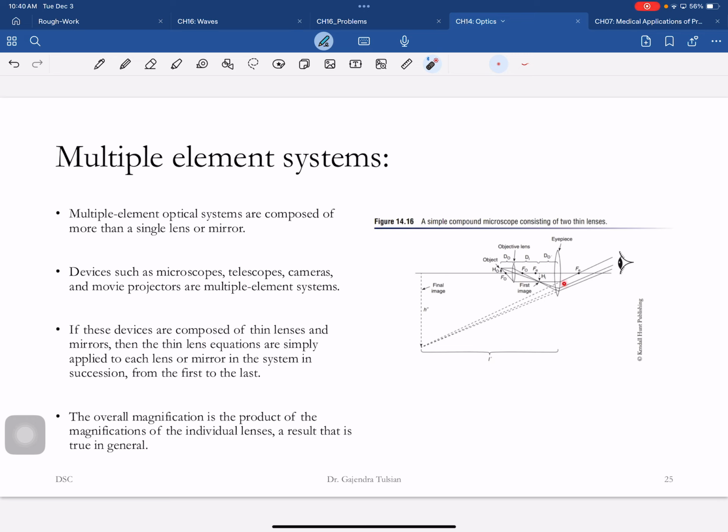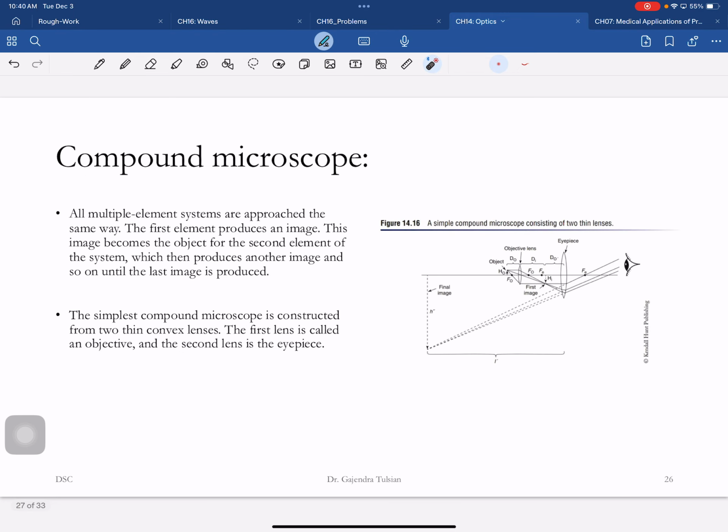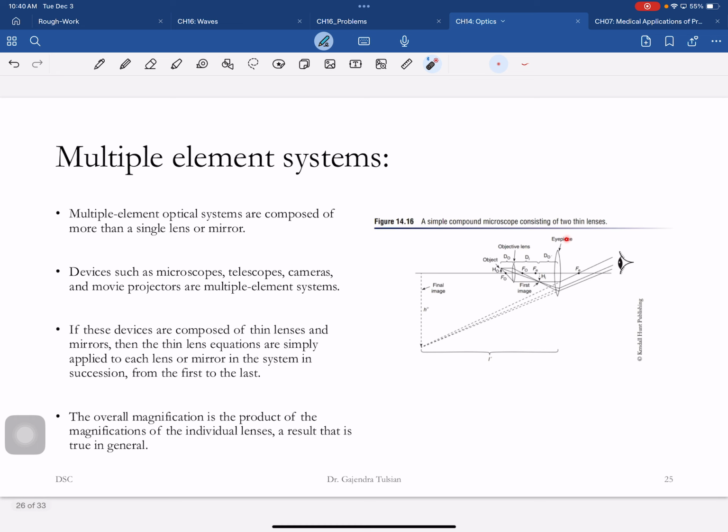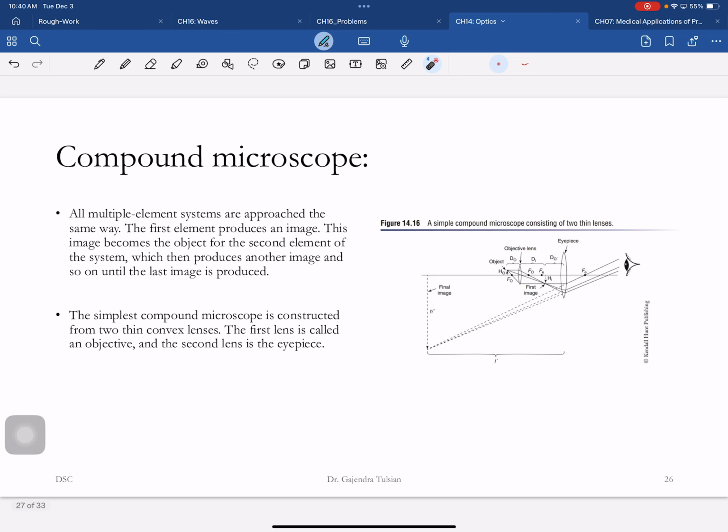So a microscope is using two lenses. This magnifies the image slightly, and then this lens magnifies the image quite a bit. Again, that's a compound microscope, a simple compound microscope consisting of two lenses.